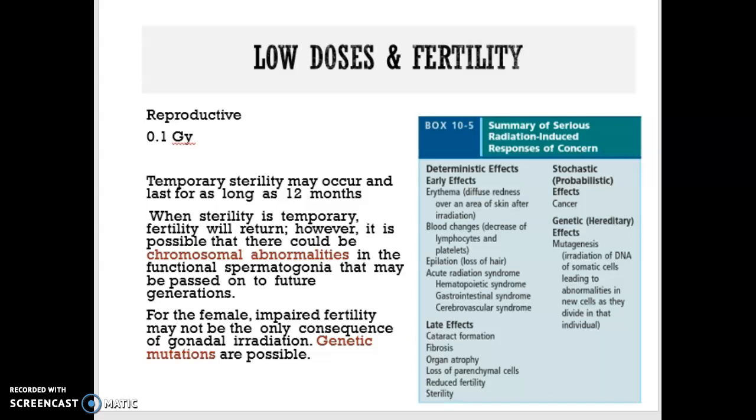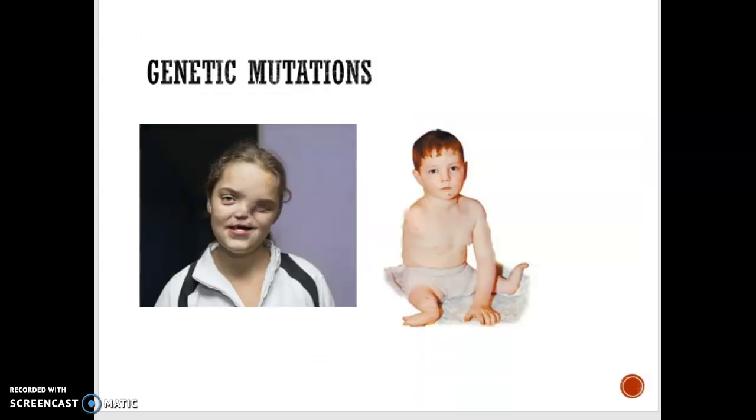For females, impaired fertility may not be the only consequence. Genetic mutations are possible. Mutations refer to changes to the somatic cells that would affect the individual when the cells divide, as opposed to genetic changes, which refer to changes to the germ cells that would affect future generations. Either way, the frequency of occurrence will increase in proportion to the magnitude of the absorbed dose received.